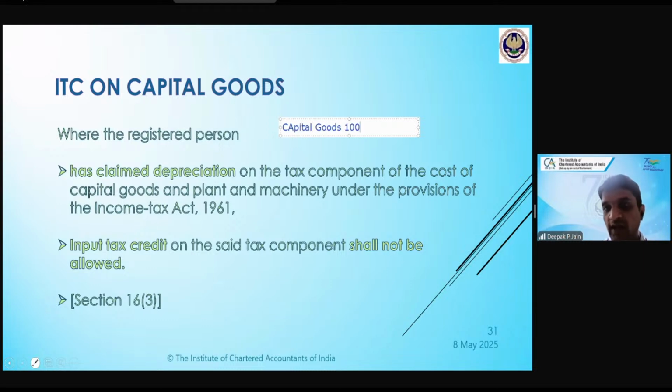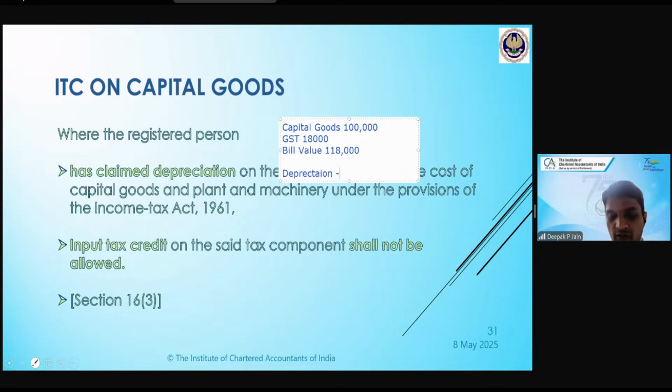Capital goods 1 lakh, GST 18,000, total bill value is 1 lakh 18,000.